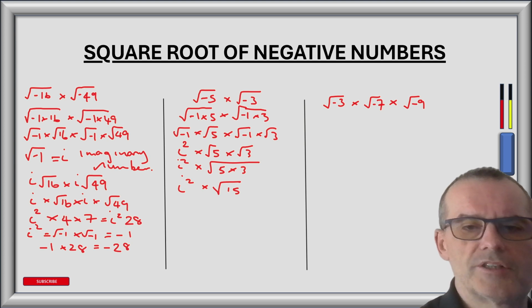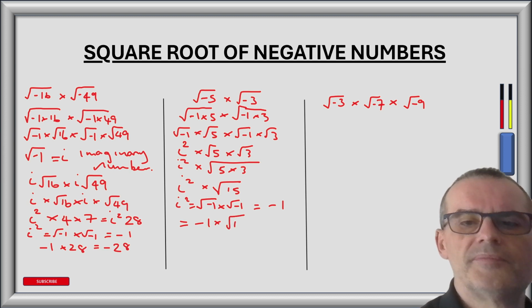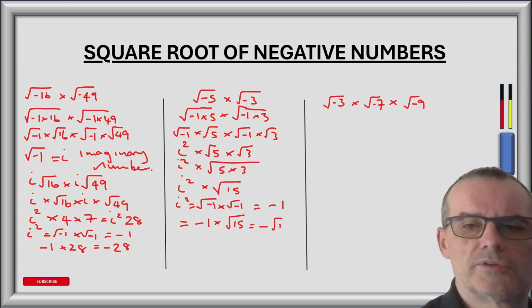Now we know that i squared is root minus 1 times root minus 1, which is minus 1. So our answer is minus 1 times root 15, which is equal to minus root 15.